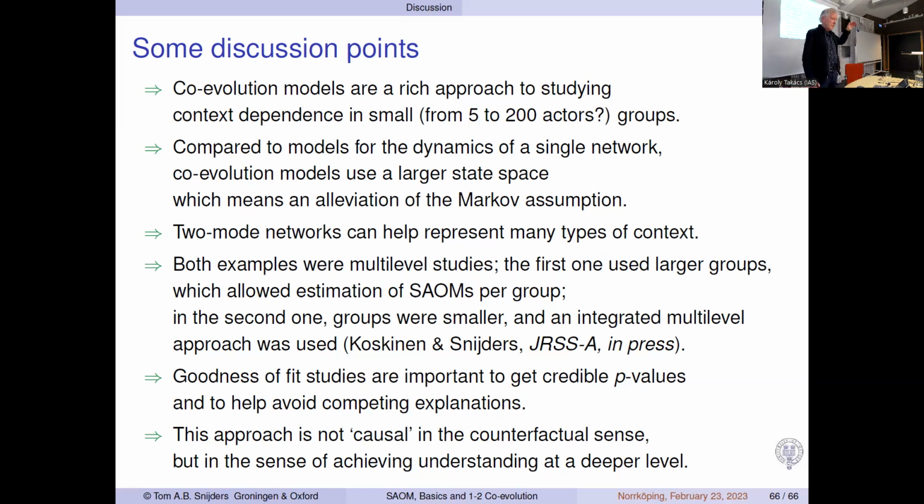Also, we can use ordered networks, so, for example, strong ties and weak ties as an ordered friendship network or association network. Distinguishing between strong and weak ties also enlarges the state space, and enlarging the state space means that you reduce the strictness of the Markov assumption.